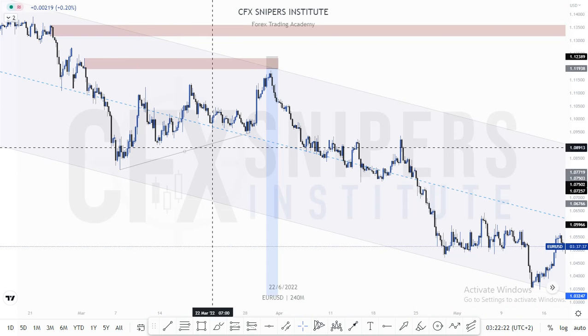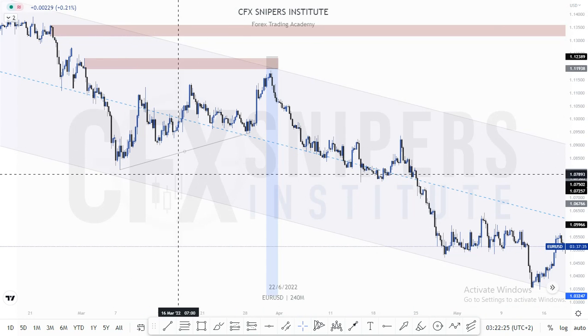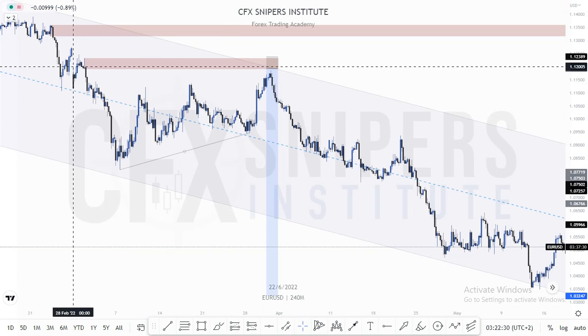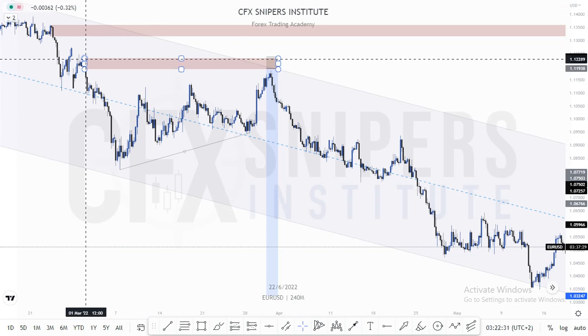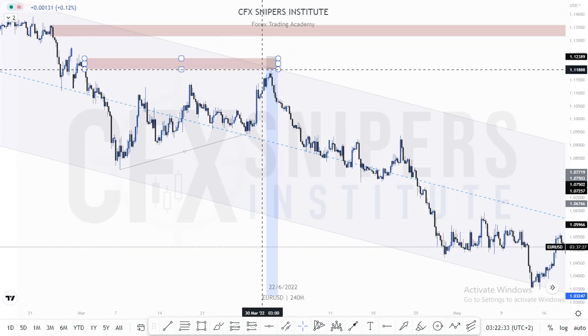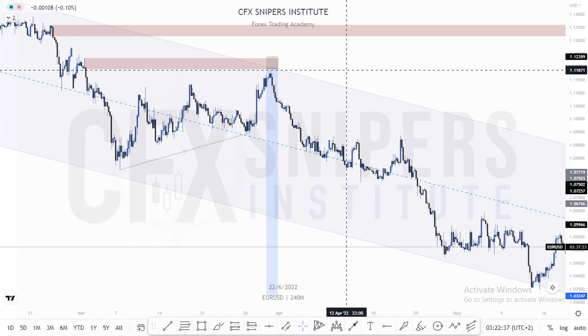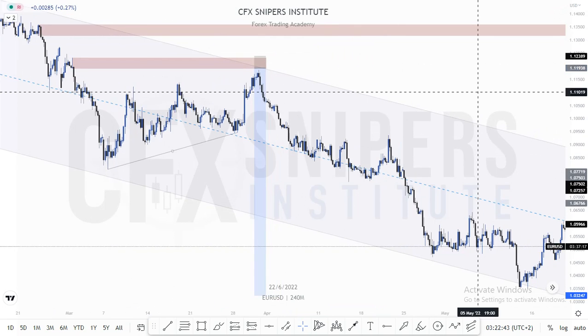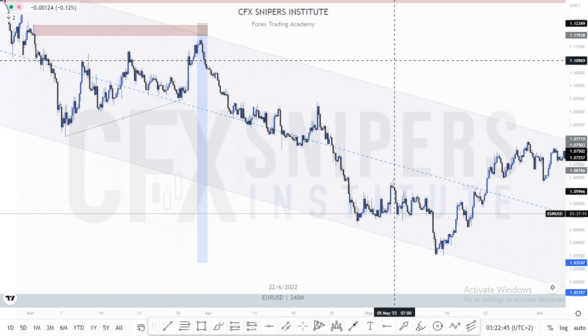But the highly trusted zone was this one. Unfortunately, price didn't reach there. I think it was 6 pips, 8 pips away from the zone, and then it turned back. So okay, unfortunately, that's part of life. It's just forex.